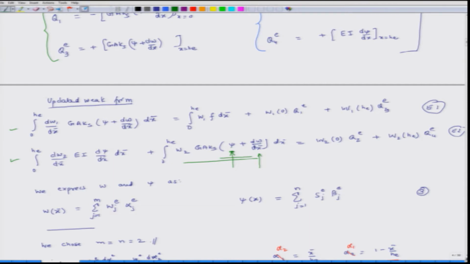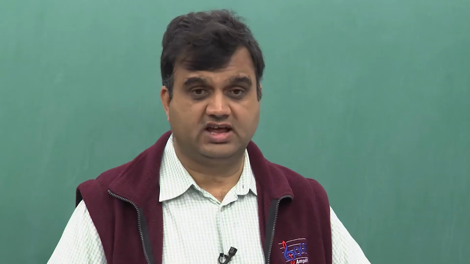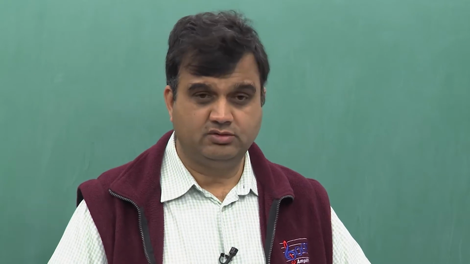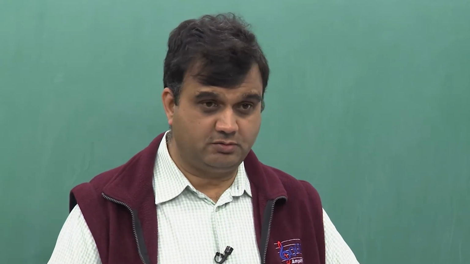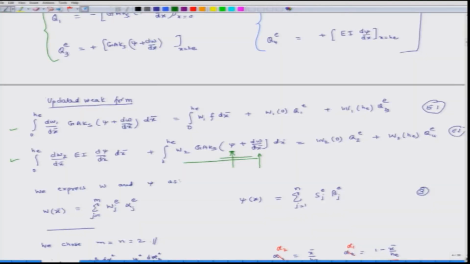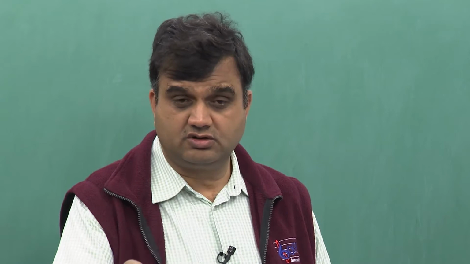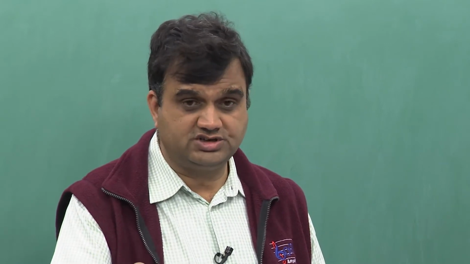So what does that help us with? It helps us maintain the same number of nodes for psi as well as W. So we do not have the assembly problem, and we are still able to avoid shear locking, because for specific terms we are reducing the order of integration. We will learn a little more about this next week when we discuss numerical integration using the Gaussian quadrature method.